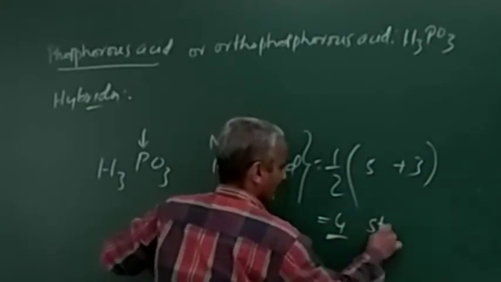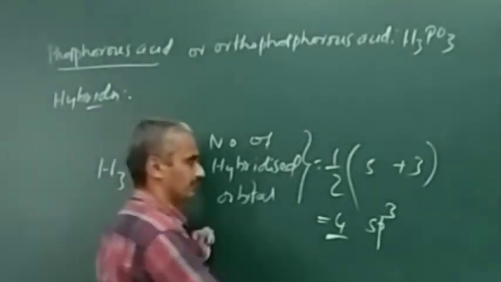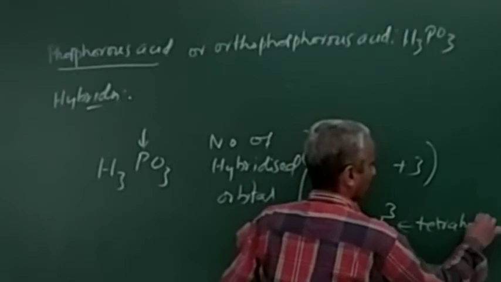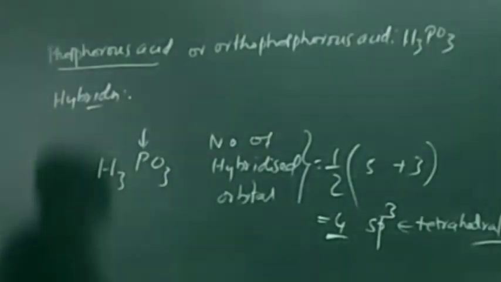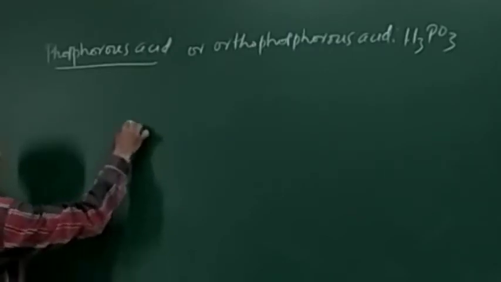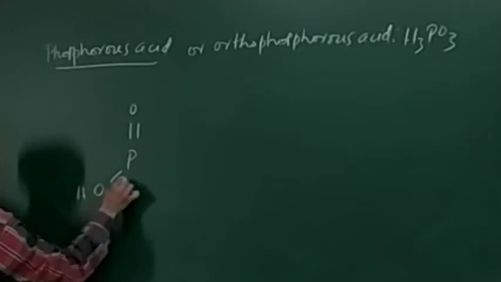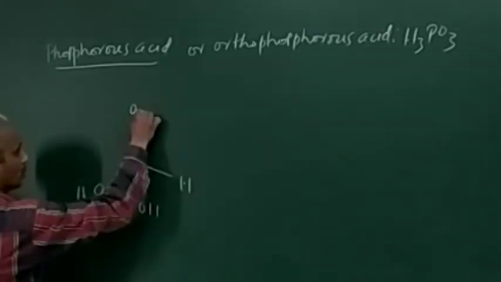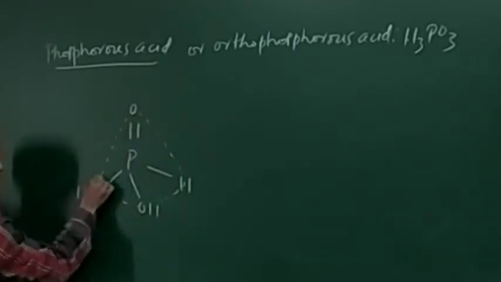Again it is sp3 hybridized, tetrahedral shape only. Tetrahedral geometry as well as shape, because no lone pair of electrons is present in both cases. P double bond O, O, H, O, H, H. Again the tetrahedral shape.